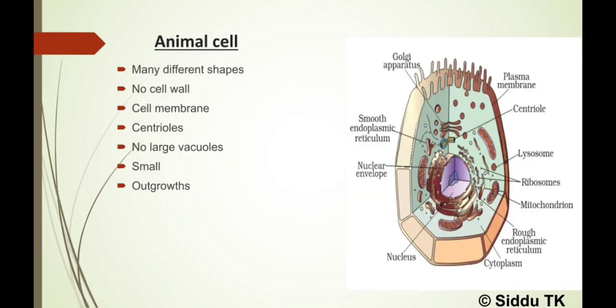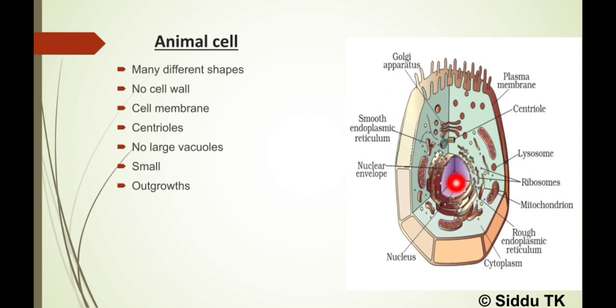This is the ultrastructure of an animal cell. Animal cells don't have any cell wall. Animal cells exist in different shapes. The boundary of the animal cell is the cell membrane or plasma membrane. In some cells, specialized structures called microvilli are present. Inside the animal cell, we can see a central nucleus.